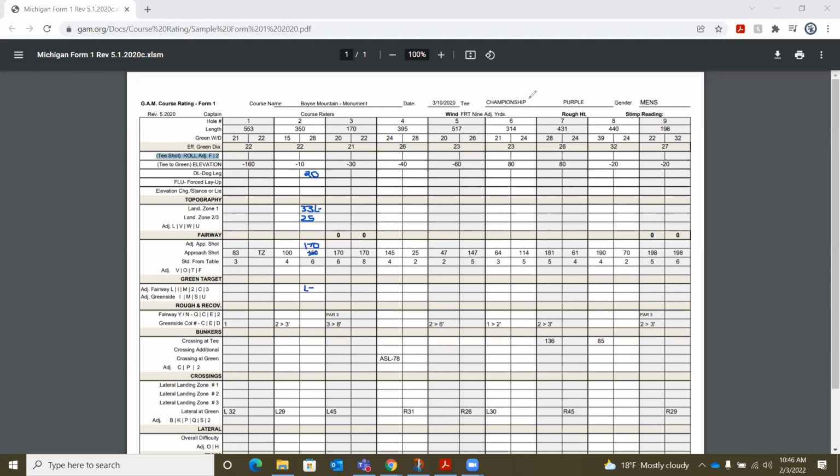Yeah. So when we're looking at recoverability, we're looking just at, in general, there is some assumed recoverability when we're hitting shots down the hole. Basically, all this is saying is that because we're hitting a less than full shot, we are assuming that the recovery is going to be easier.